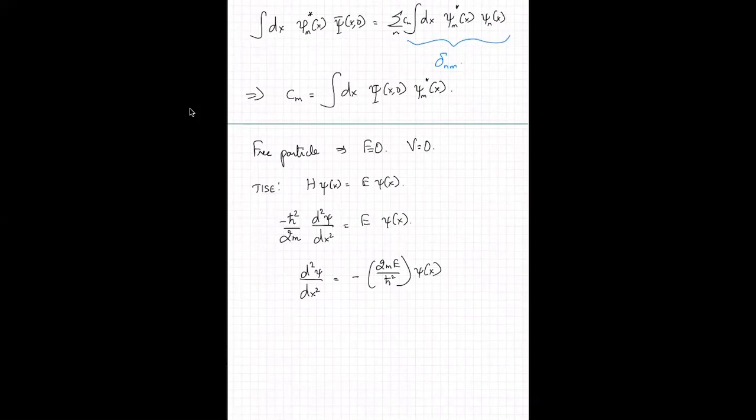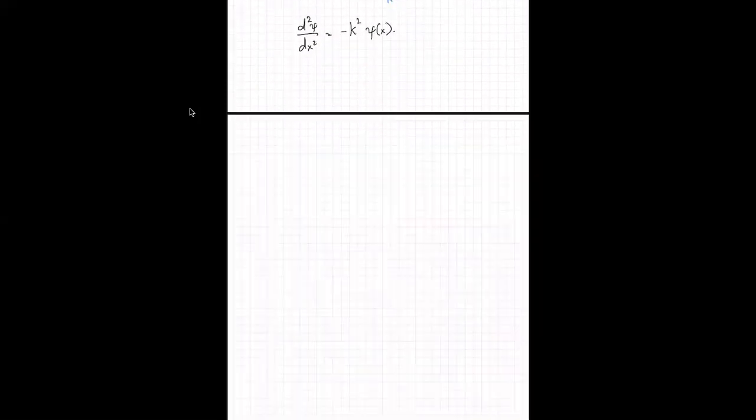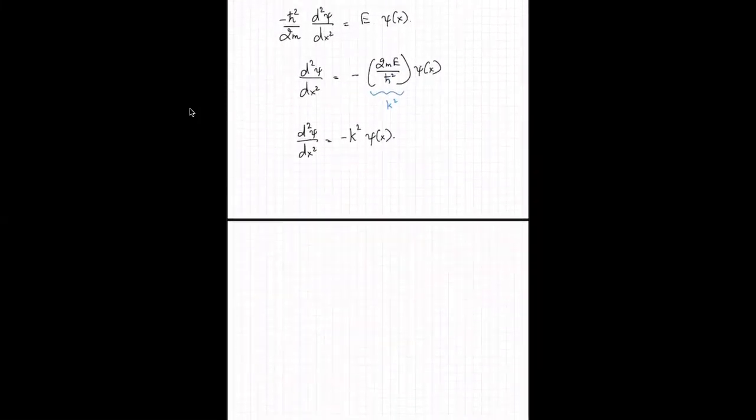And this factor 2mE over h bar squared, I'll call some k squared to make this into an equation that you know very well, a simple harmonic equation. Okay, that's pretty much it. And you know what the solutions are.